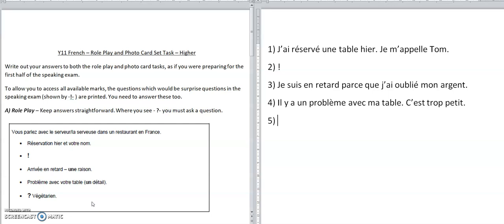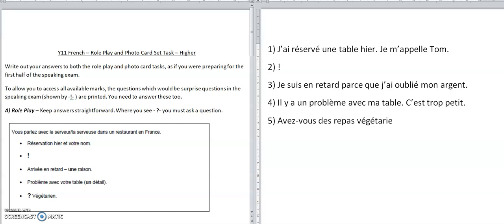So something like, avez-vous, do you have? If you know that verb avoir and can ask, have you got? Avez-vous des plats? Have you got any dishes? Maybe you don't know dishes. Maybe you could use meals, des repas végétariens. Maybe you don't know repas.